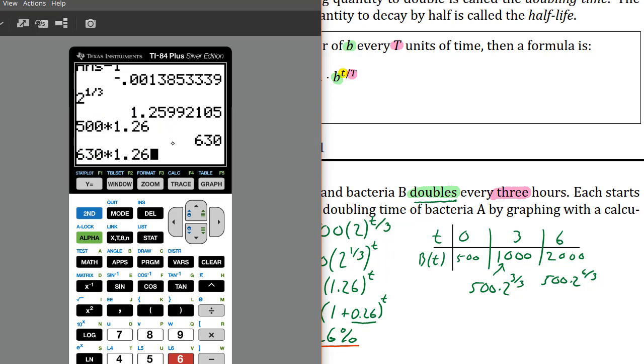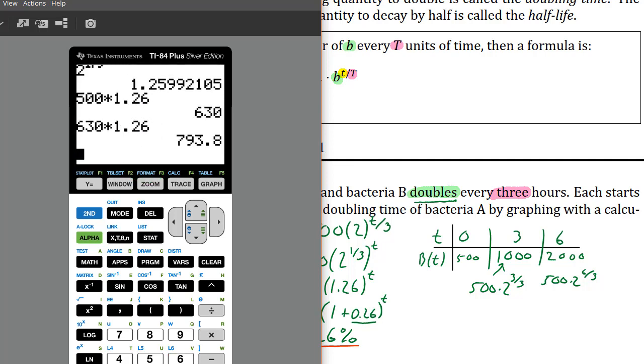Now it's going to go up by 26% of a bigger number. And instead of increasing by 130, now it's increasing by 163.8. And then what if we do this again? 793.8 times 1.26, you'll get 1,000. And there it is, doubling in 3 hours by increasing by 26% each time.